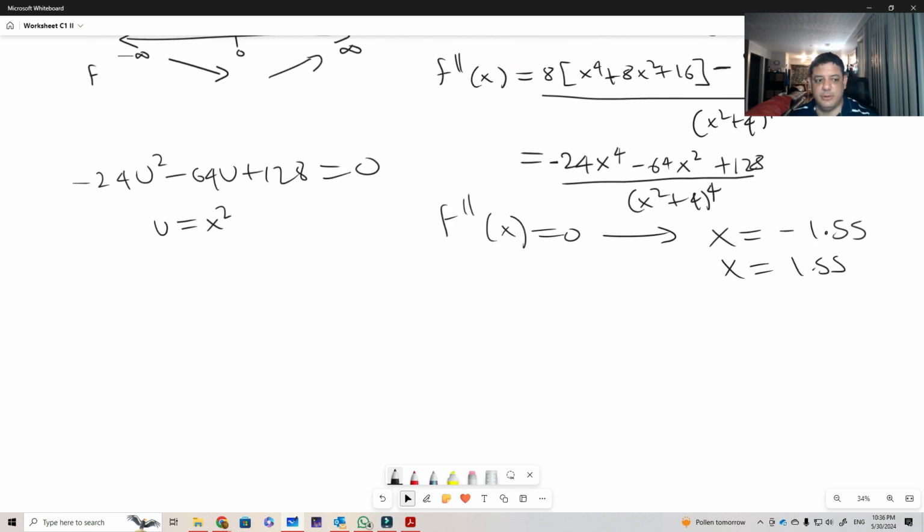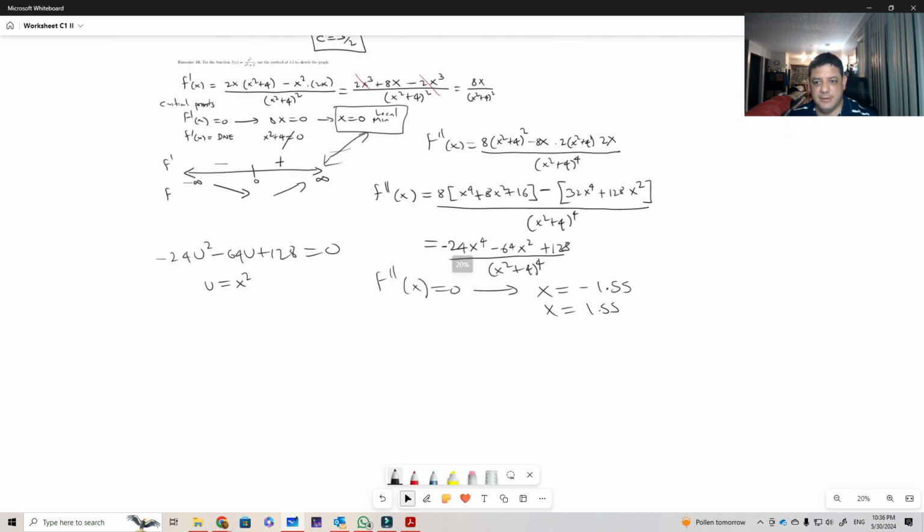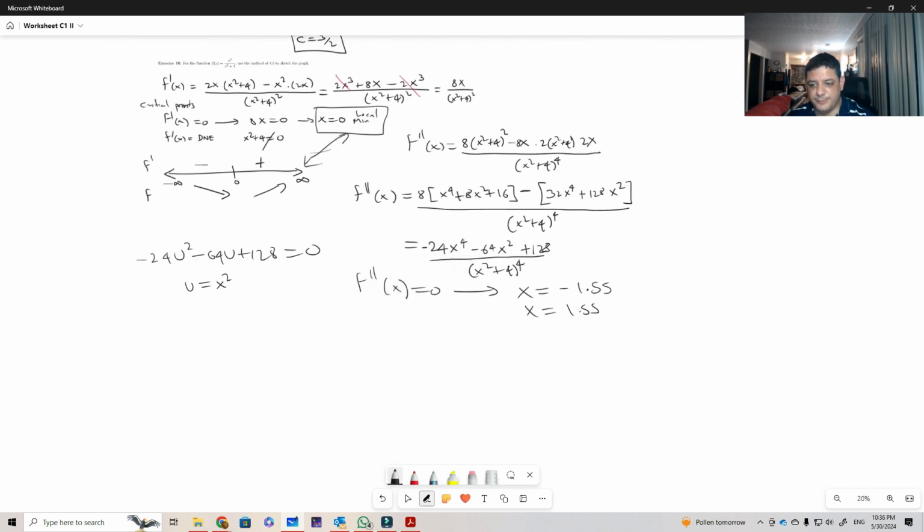So now what's going to happen next is that we also need to do a sign chart. We're doing a sign chart with minus 1.155 and 1.155. This is going to help us see the concavity of f: the sign of f2 prime and then the concavity of f.